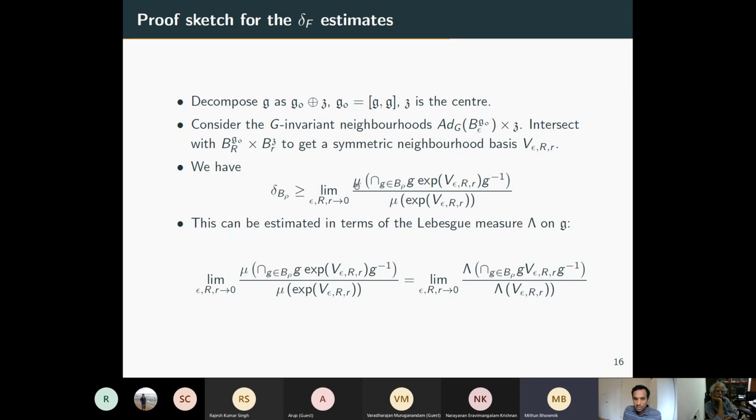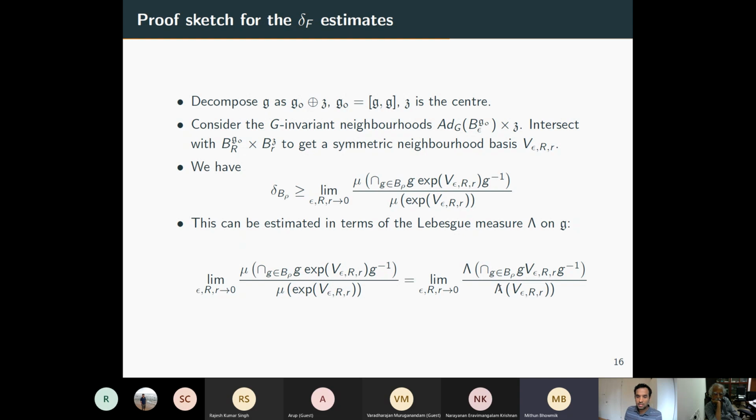But the Haar measure of this set at the level of the Lie group really in the limit is equal to the Lebesgue measure of these neighborhoods we constructed at the level of the Lie algebra.